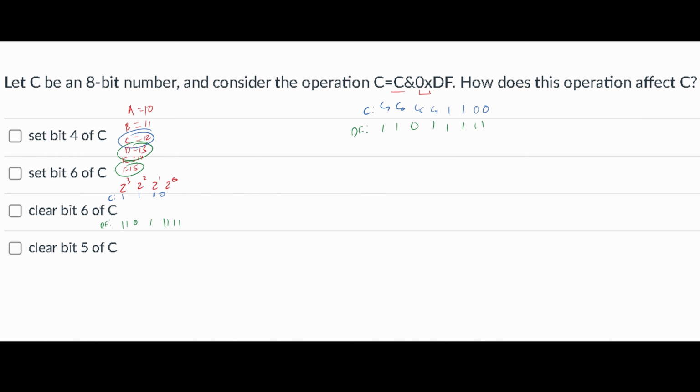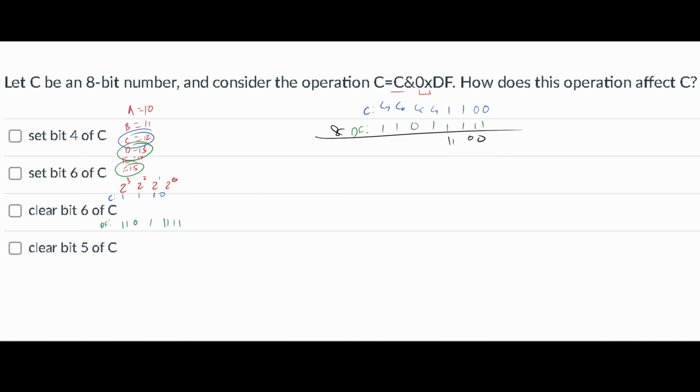Now, notice how that's being ANDed together. When we have AND, we're going to be clearing. So with this, we see that nothing is happening here, because this 0, 0 is going to stay the same since they're ANDing together. So that's not going to affect our C. These are both 1s, so it's still going to be a 1. Basically, when we AND all of these parts together, C is not going to change.